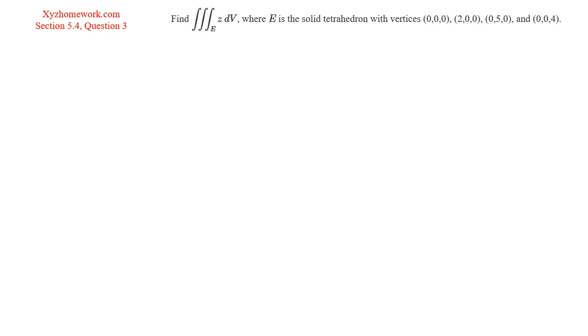So then what we need to do is take a look at the projection of this entire figure down onto the xy plane. So we're going to draw a new coordinate system with just a y and an x.